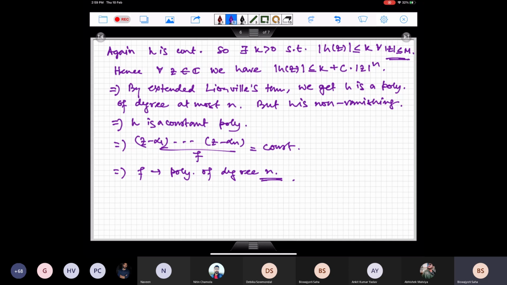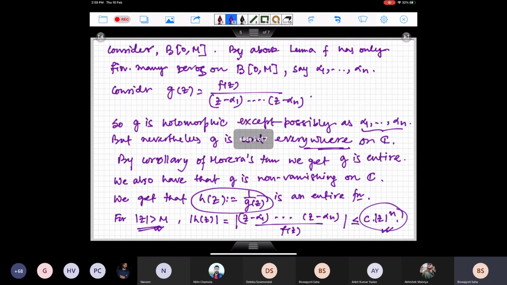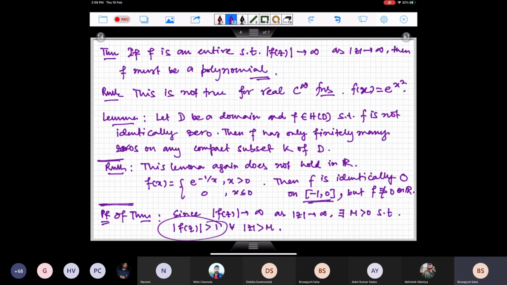So this kind of growth characterizes the polynomials. So we are done with the statement that if I have any entire function with mod of f of z tending to plus infinity as mod z tends to plus infinity, we must have f to be a polynomial.